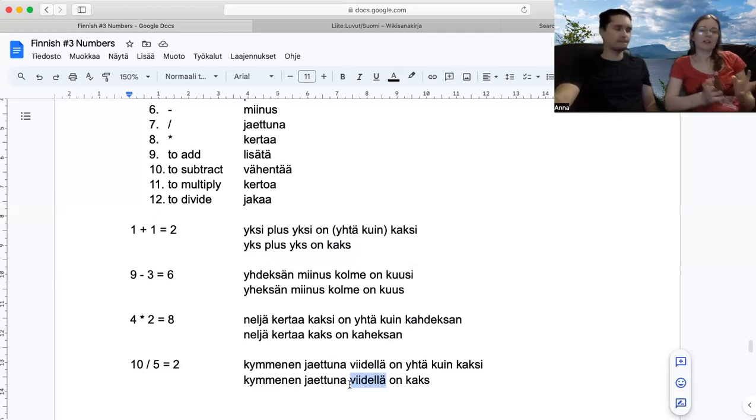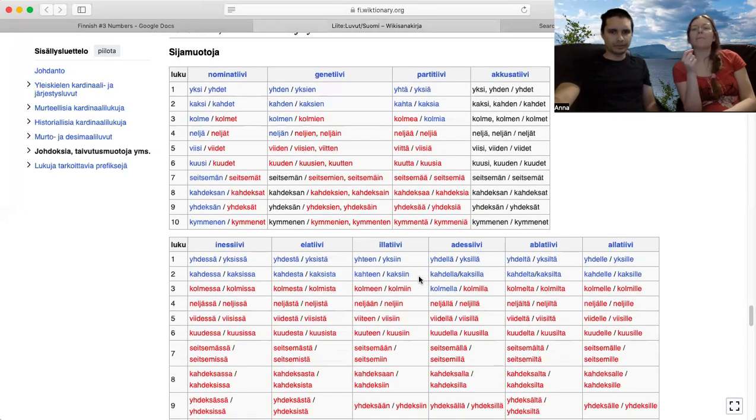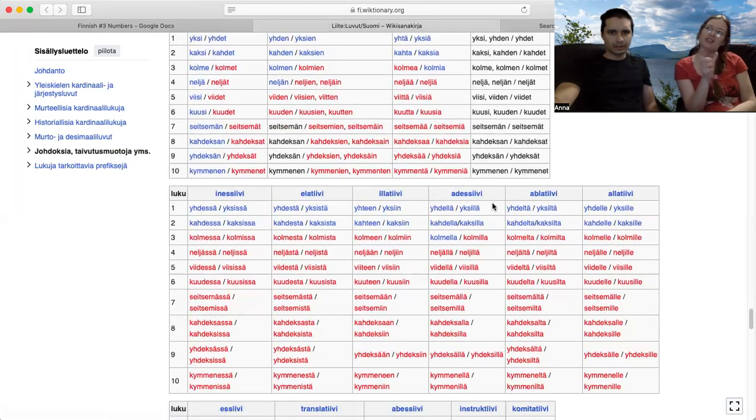But here, in 10 divided by 5, you have to add this -na ending, plus change the stem. So it's the essive case. Here you can say 1, 2, 3, 4, 5, 6.